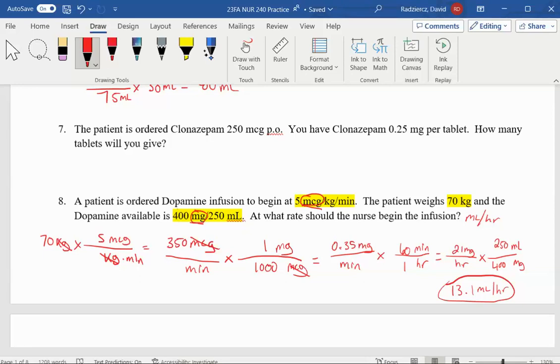Yes. What I did was I converted first micrograms to milligrams, which was 0.05 times 70, and I got 0.35. Then 0.35 milligrams over minute, divided by 400 mg, times 250 ml.